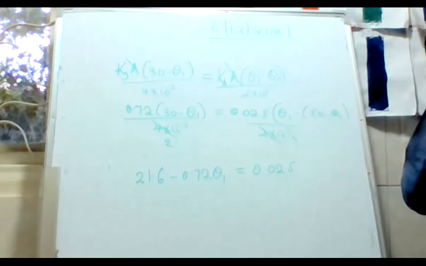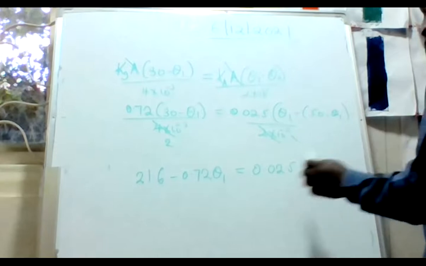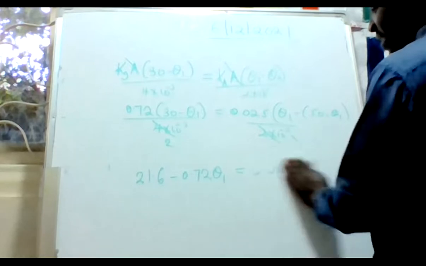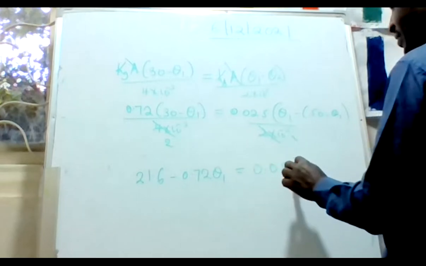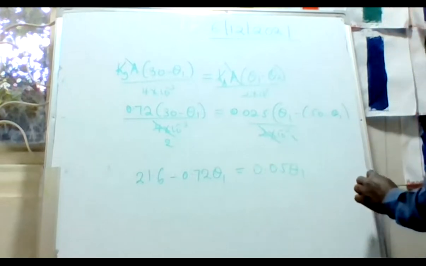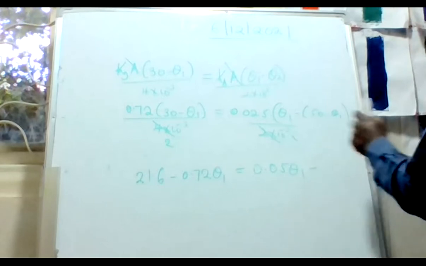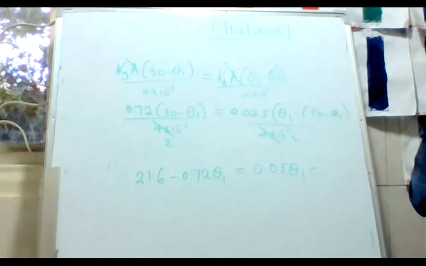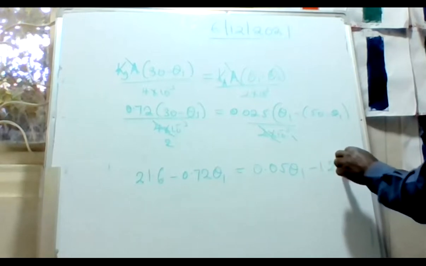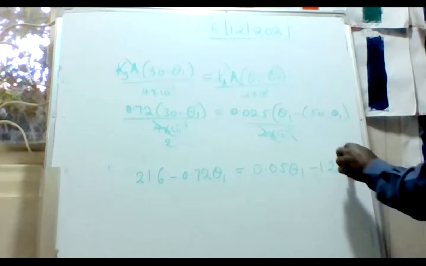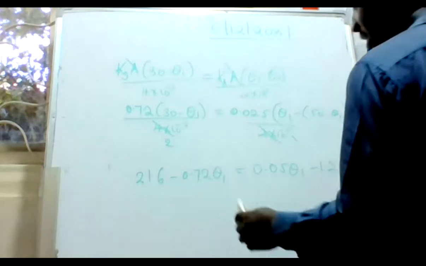If you multiply 0.025 times 2, we're going to bring 0.05 theta 1. Okay, then minus 50 times 0.025, which is minus 1.25. After that, now I can take it on the side.